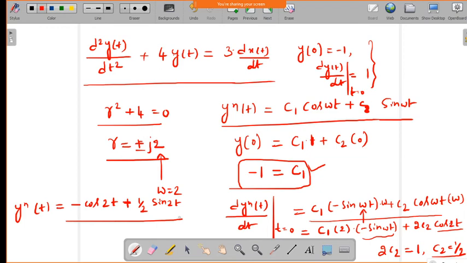So this is the final solution of the differential equation which we have defined for the purely imaginary case. So when the roots are purely imaginary, you will get the solution to this differential equation as this one. Okay, so are you getting any doubt?